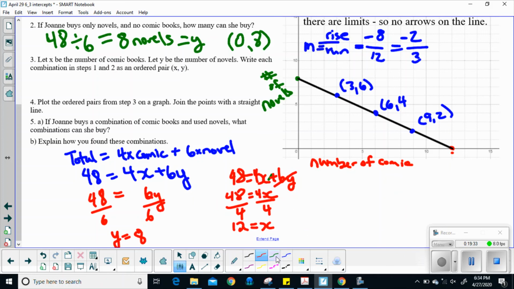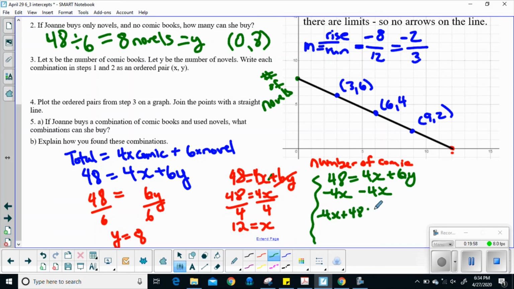And last but not least, I can take my equation that I created there. That was 48 equals 4x plus 6y. And to find my other points on the line, I can rearrange this into y-intercept form. So minus 4x, and you would get negative 4x plus 48 equals 6y.